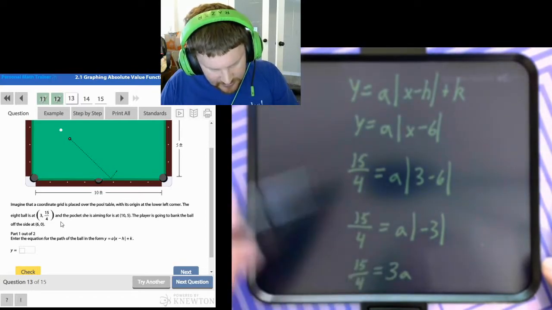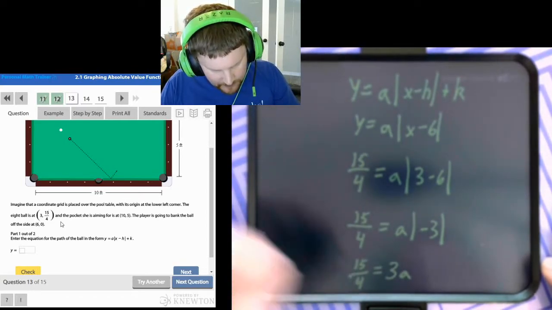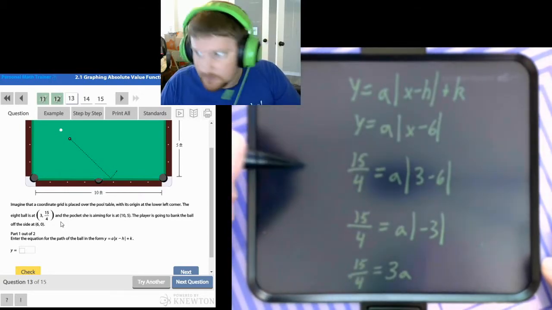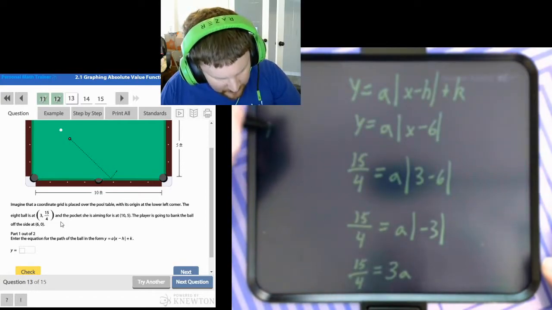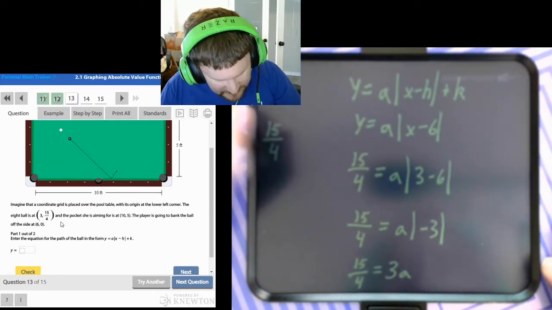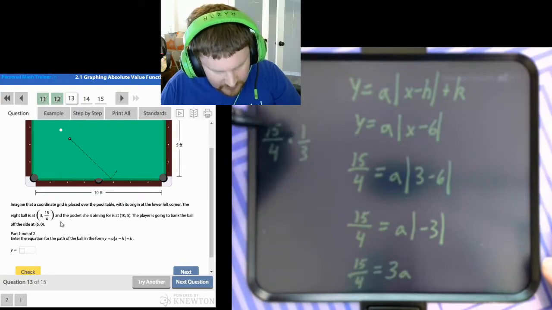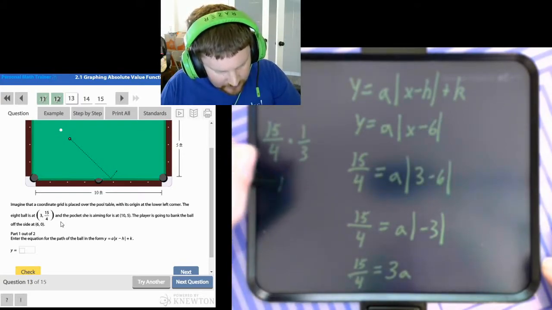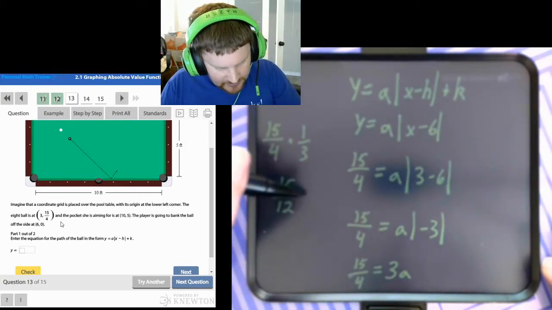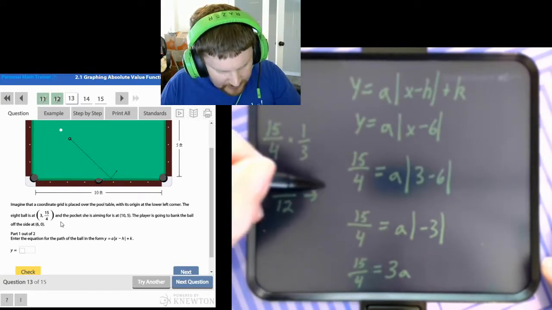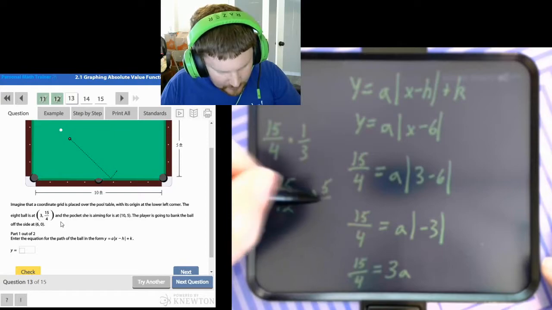Dividing each side by 3, this might be a little confusing if you don't remember it, but 15 over 4 divided by 3 is the same thing as 15 over 4 times 1 over 3. 4 times 3 is 12, so we have 15 over 12. Both of these are multiples of 3, so dividing this by 3, we get 5. Dividing this by 3, we get 4.